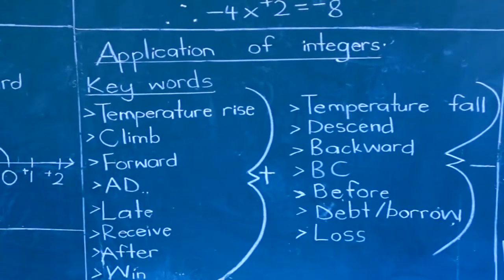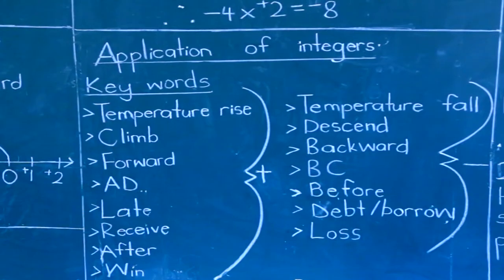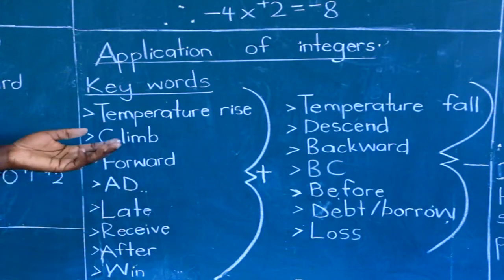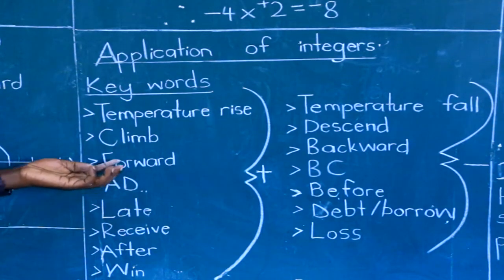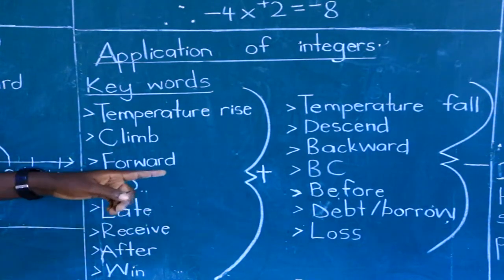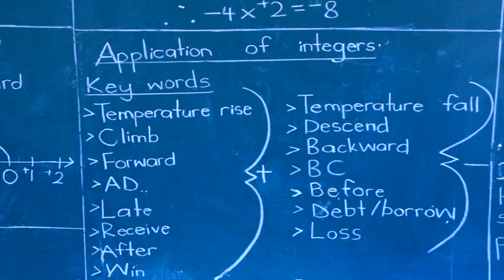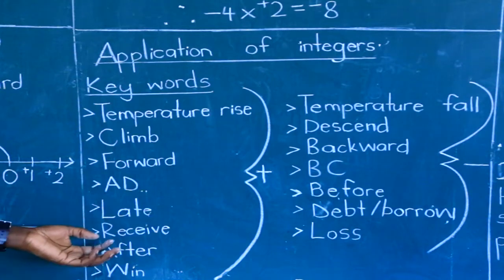The keywords to application of integers are: 1. Temperature rise. Wherever you see rise in temperature, you just know you are going to apply positive integers. Words like climbing, we apply positive integers. When you see movement forward, you apply positive integer. When you see AD, which means in the year of our Lord, still apply positive integers. Someone arriving late, that is positive integer application.